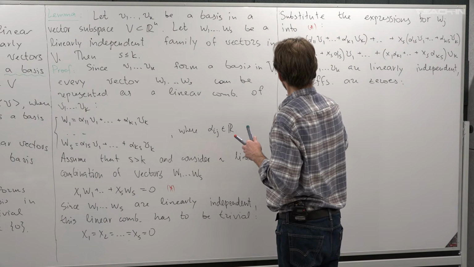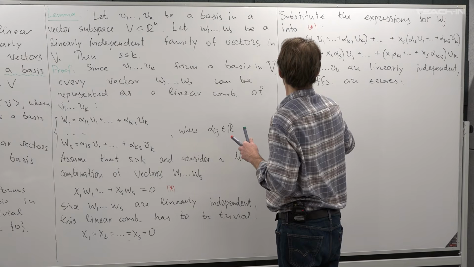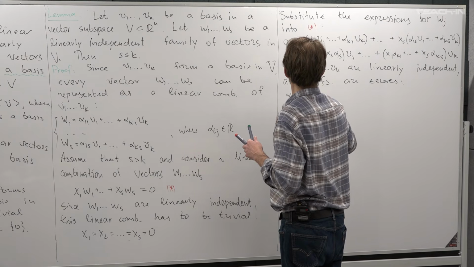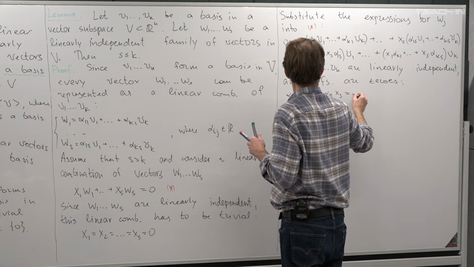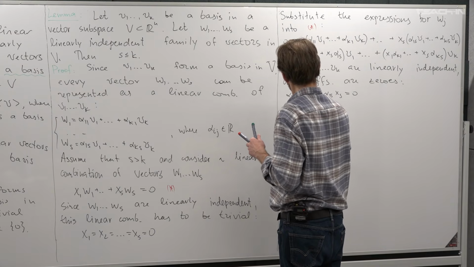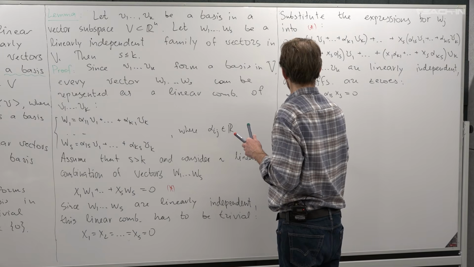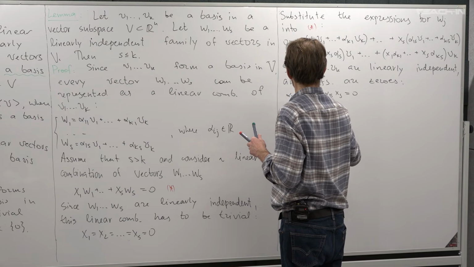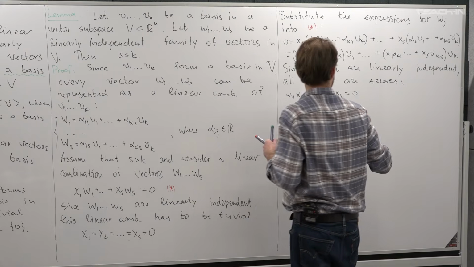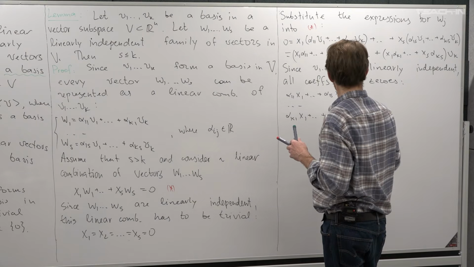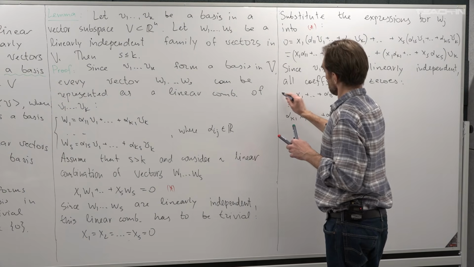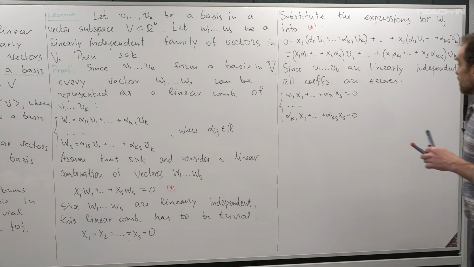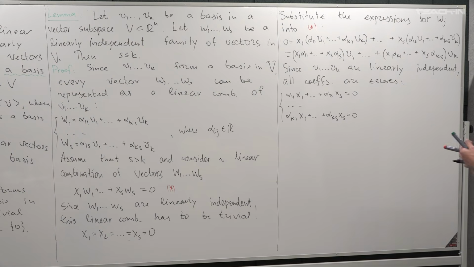Alpha 1 1 times x1 plus etc. plus alpha sub 1s times xs equals 0, and so on, alpha sub k1 times x1 plus etc. plus alpha sub ks times xs equals 0. So we come to this linear system.